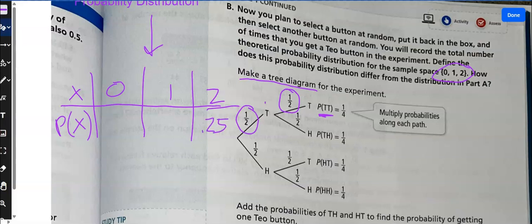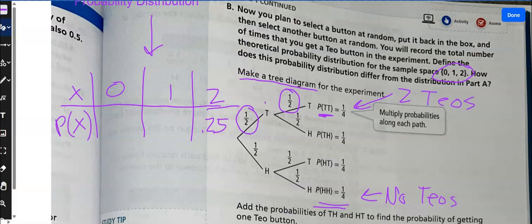Well, we could do the same thing with Henry. By the way, do you notice they use T and H, heads and tails? This is exactly the same thing you could do with a coin. So this would be no Teos, and this would be two Teos.